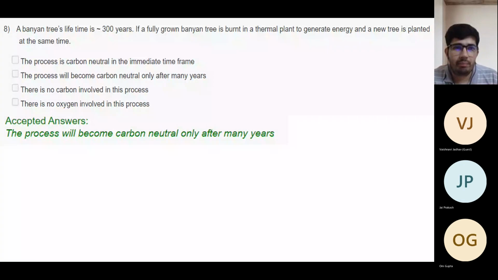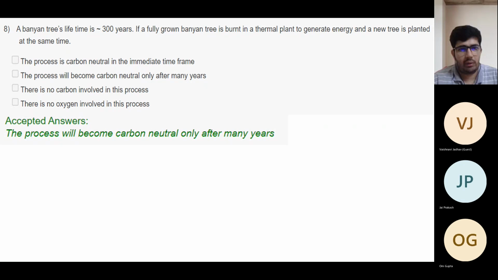Because the complete banyan tree will generate electricity in maybe 1 minute or 5 minutes in the power plant, but the plant will generate so much CO2 and other pollutants, while the tree we have planted at the same time will grow, and only after so many years will it be able to absorb that much CO2. So the process will become carbon neutral only after many years. Okay. Option B is correct.